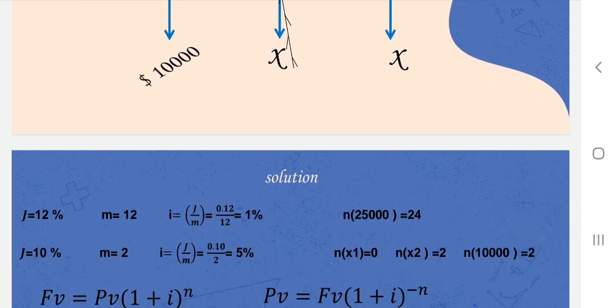And for the new obligations, he will use 10% compounded semi-annually. So M equals 2 and I will be equal to 10% over 2 equals 5%.